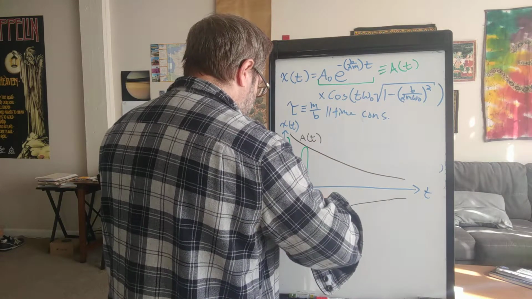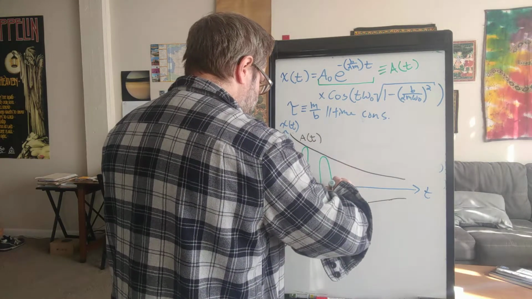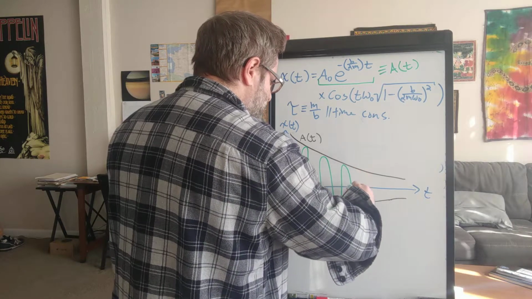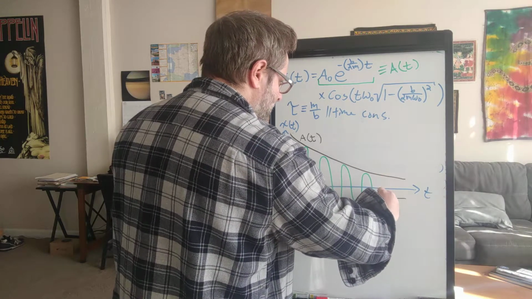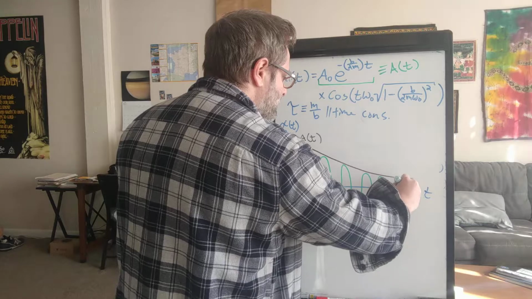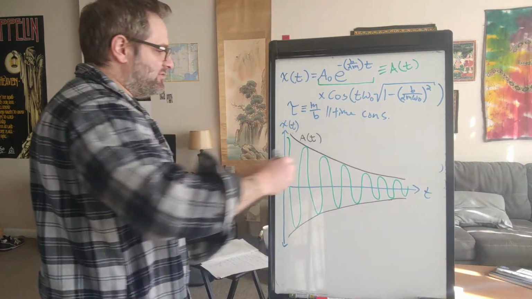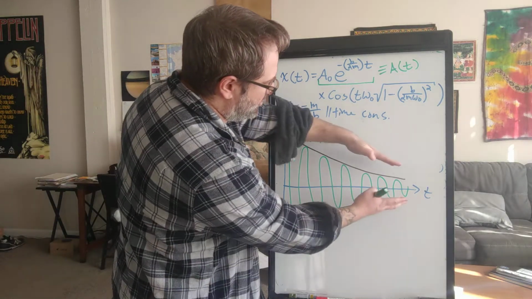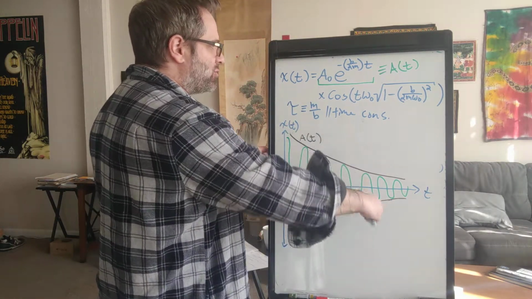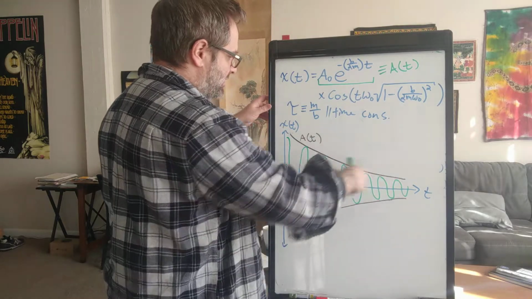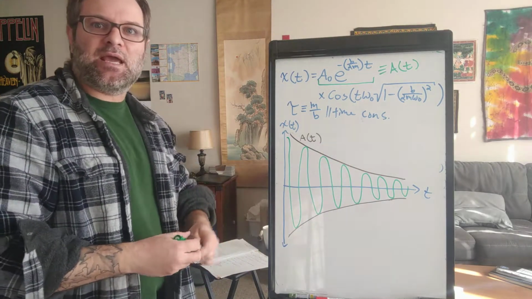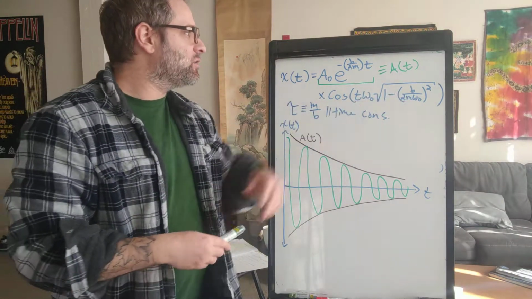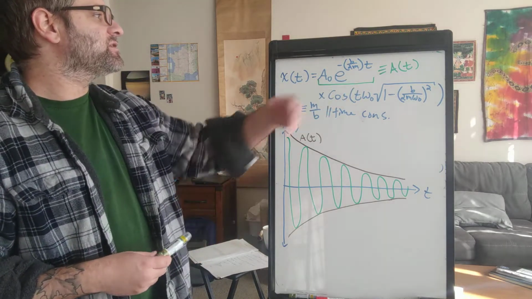And that amplitude decays. But we have oscillations within that amplitude. So this is why that amplitude, that exterior function, is called the envelope function, because it forms an envelope within which the actual full function itself oscillates, or has some other behavior. In this case, a cosine of t omega naught times this stuff here.